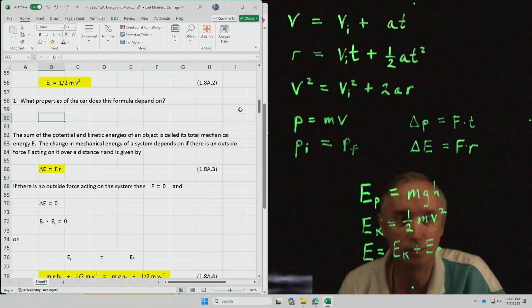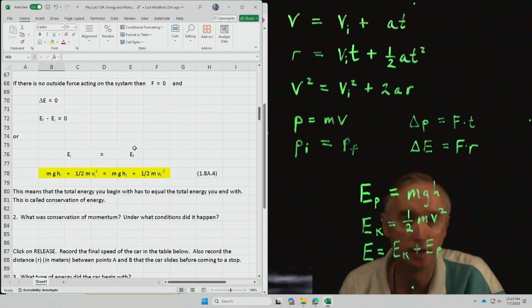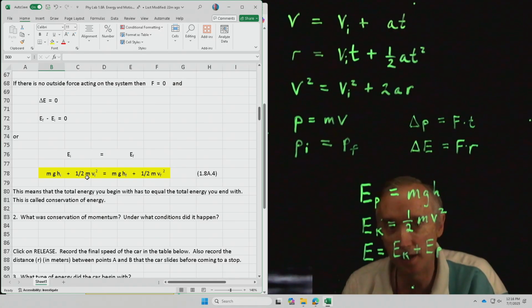And so now what we're ending up with is that your initial energy, now remember that this energy, E, is the potential plus the kinetic, okay, that's what this is, has to equal your final energy, and then this energy is both the potential energy and the kinetic.